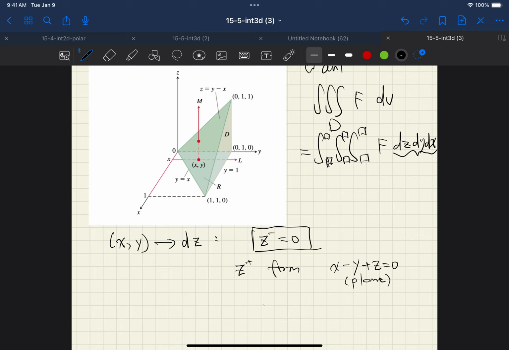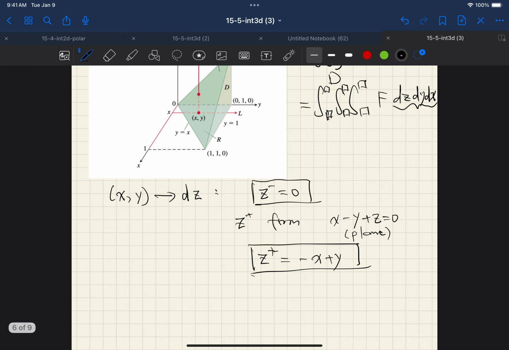If we solve for z, z can be isolated on one side and x minus y can be moved to the other side, but when you move it, you need to flip the sign. So z plus is going to be negative x plus y. So this is the upper limit.